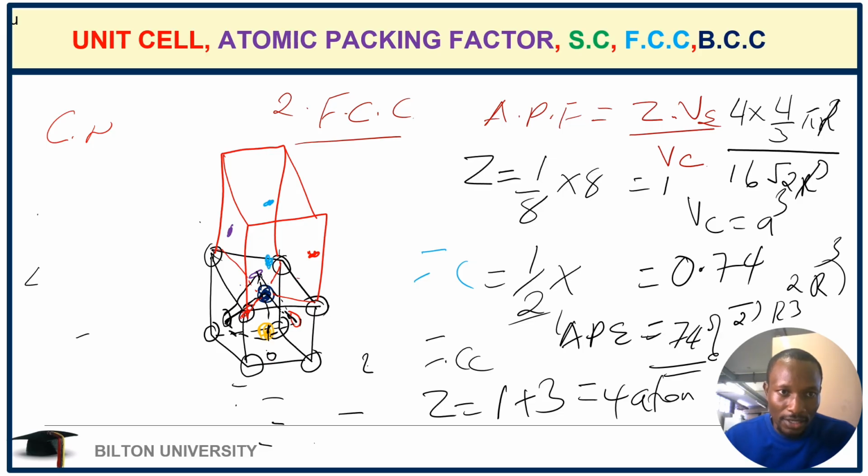So you can see that these 4 atoms are still linked together, and they are closer to this atom.